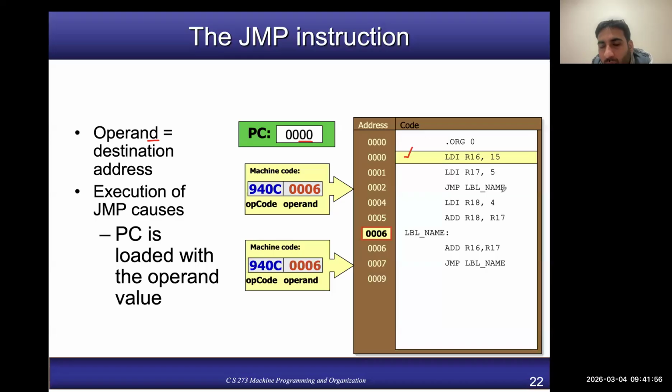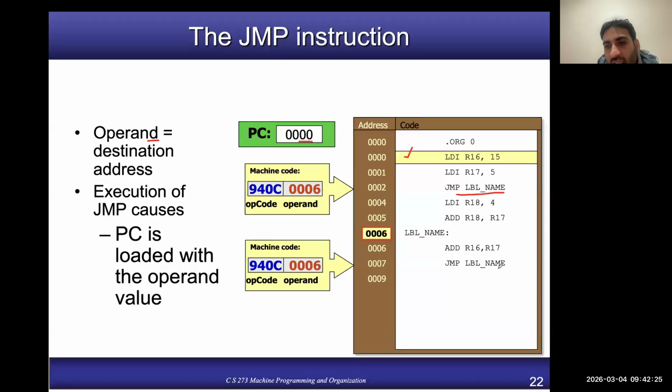The other thing I want to highlight is that we have one jump instruction here, at address 2, and its machine code will be 940C and then all 3 zeros and 6. The blue one is the opcode and the operand is 6. So you are saying that go to the instruction which is located at address 6.